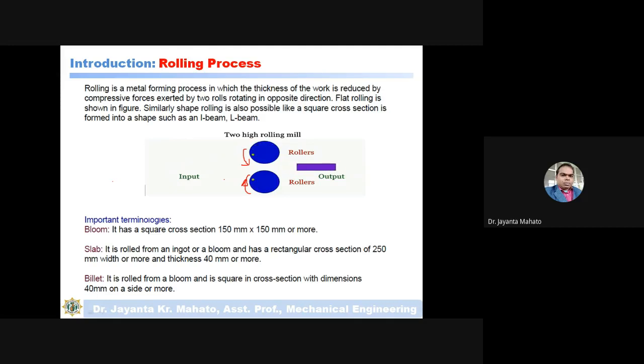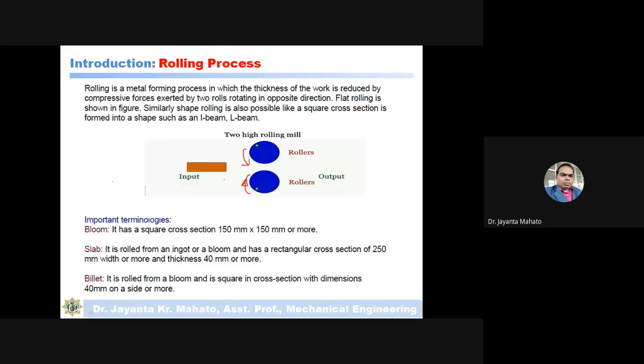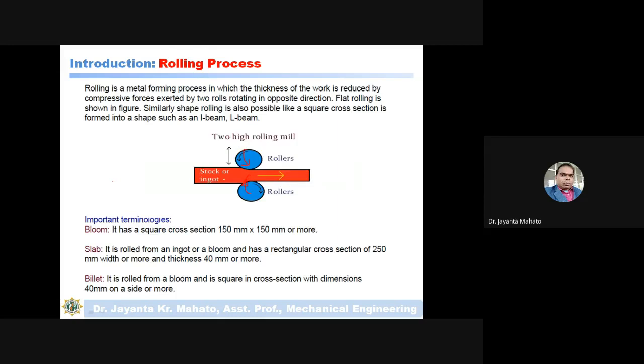That type of material is called a slab. And a billet is the rolled form of a bloom, and is square in cross section with a dimension of 40 mm on a side, or more.